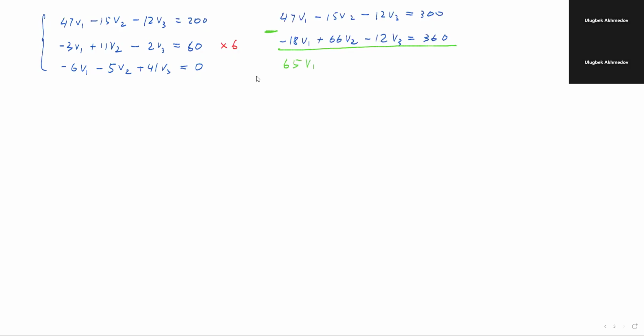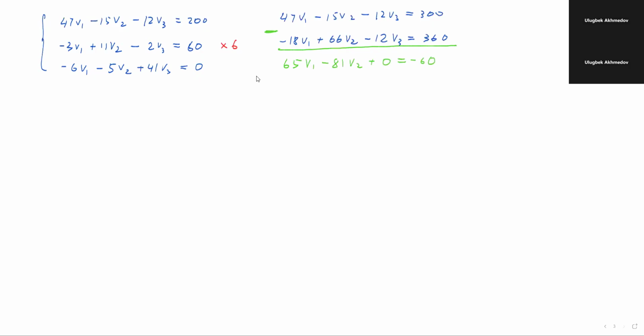Negative 15 minus 66 will give us negative 81V2, and this will become 0, and this will become negative 260. So that's our equation, and we're going to keep it there.